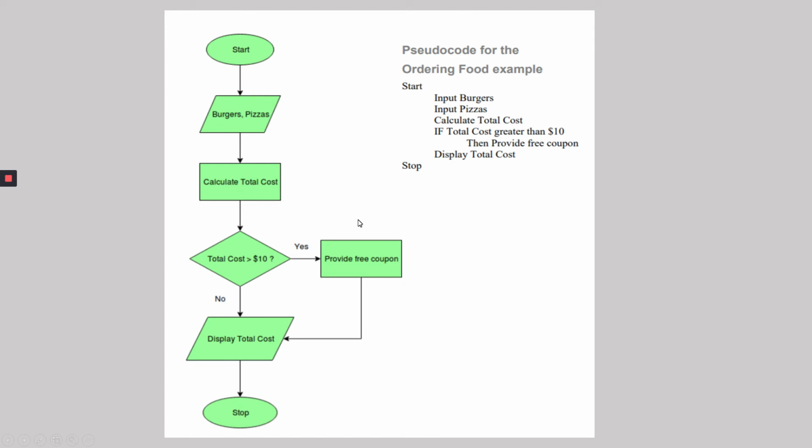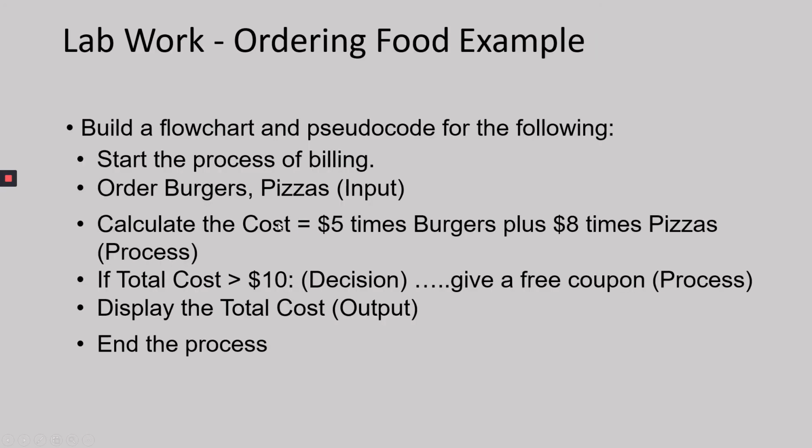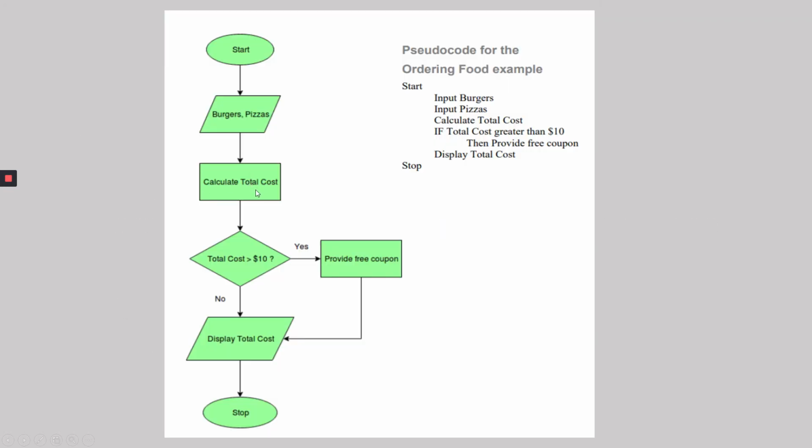It is okay, but if I do the assignment or exam, I will put the formula right here. The formula is $5 for each burger, so you use 5 times how many burgers you have, plus $8 times how many pizzas you have, and you get the total cost.